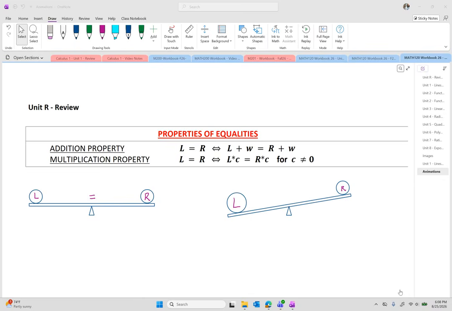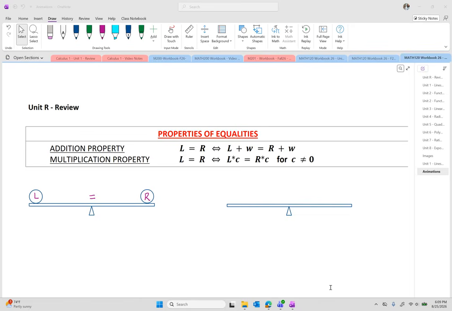It's called the absorption property. So 0 times left will be 0, and 0 times right will be 0. And when you multiply by 0, your seesaw will balance because it has no weight on either side. So multiplication by 0 does not generate an equivalent statement.